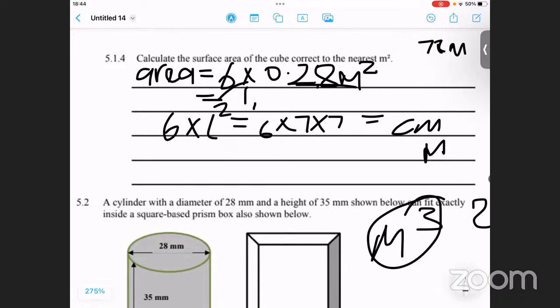What are we having? 1.68 meters squared. All right. And now let's check here. Say 6 multiplied by 7 multiplied by 7. How much are you getting, Zira?